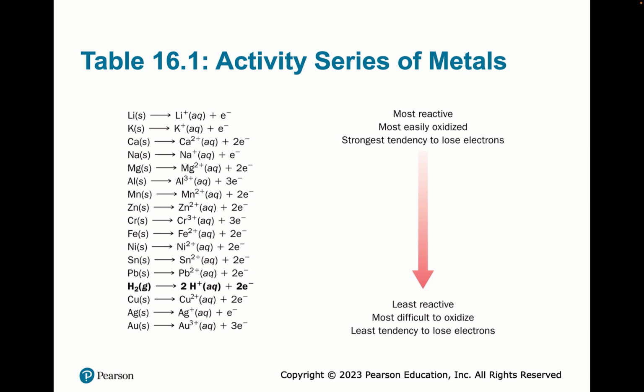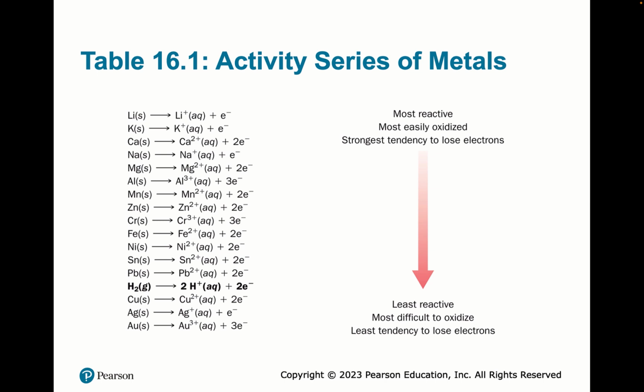You think good old steady gold is not reactive, but you rip the electrons off of gold and suddenly it's a very angry metal and it wants to react with everything. The higher you are on this list, the more reactive you are in terms of oxidation. The lower you are on the list, the more active you are in terms of reduction.